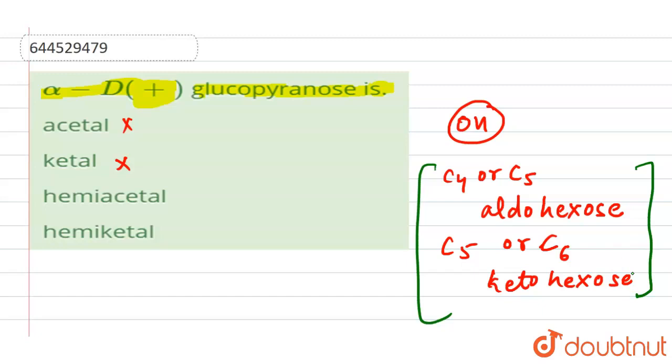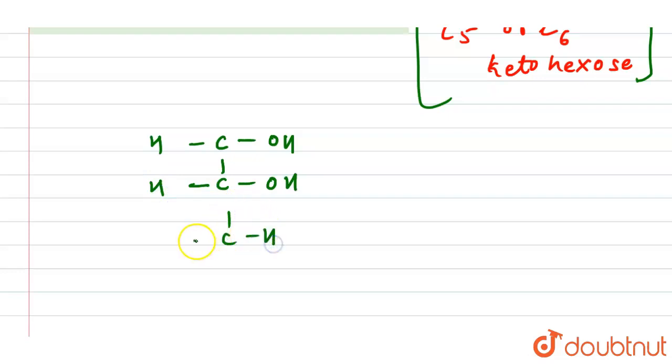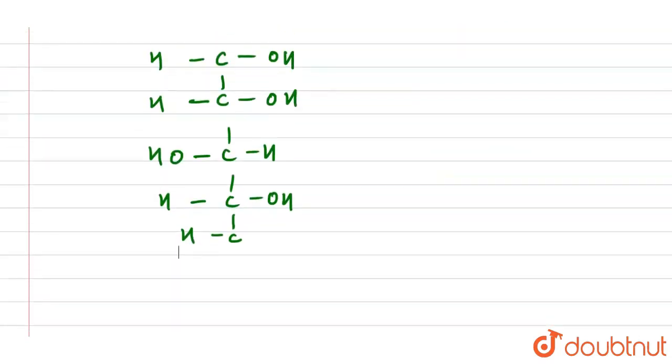Now if we see the structure of alpha-D-glucopyranose, here we have OH, here we have H, here we have OH, H, here we have CH2OH.